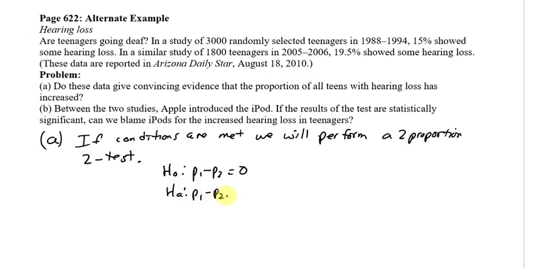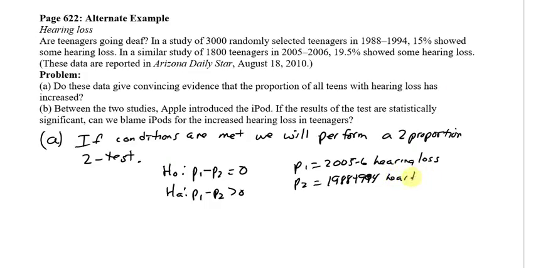P1 is 2005 and 6 hearing loss, as we just did this a minute ago. P sub 2 is 1988 to 1994 hearing loss, and both in teens, right? I'm going to make sure we have that in teens.